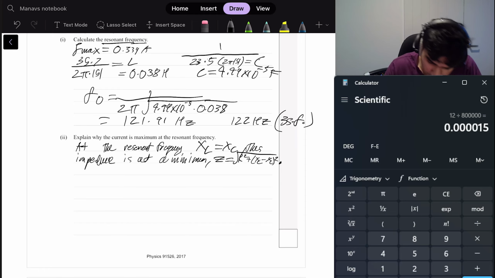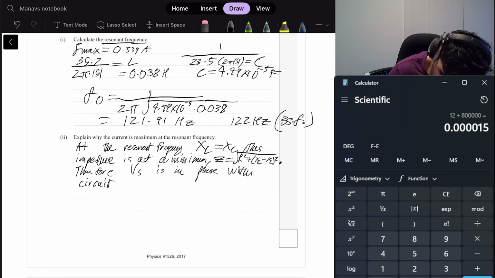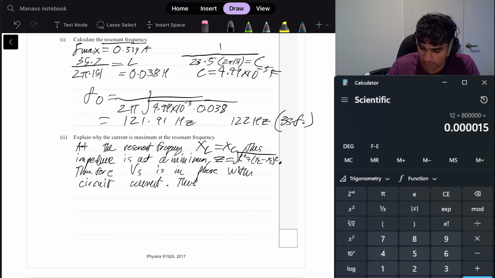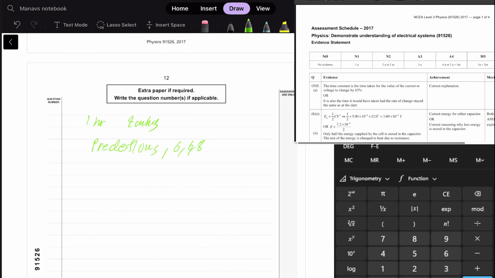Jam that in. Therefore, the supply voltage is in phase with the circuit current. Thus, all of the voltage would be across the resistor.